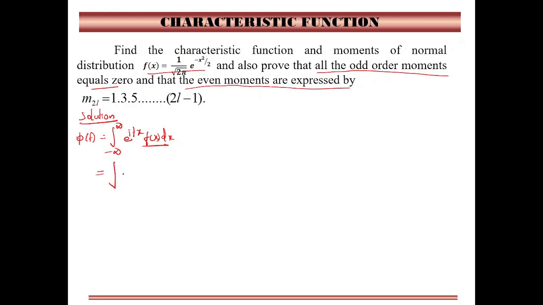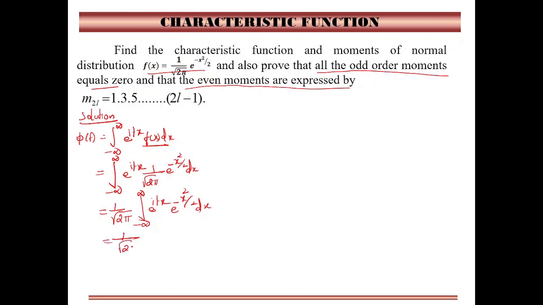Therefore, integral e power itx into 1 by root 2 pi e power minus x squared by 2 into dx. 1 by root 2 pi will be outside, then integral e power itx e power minus x squared by 2 into dx.